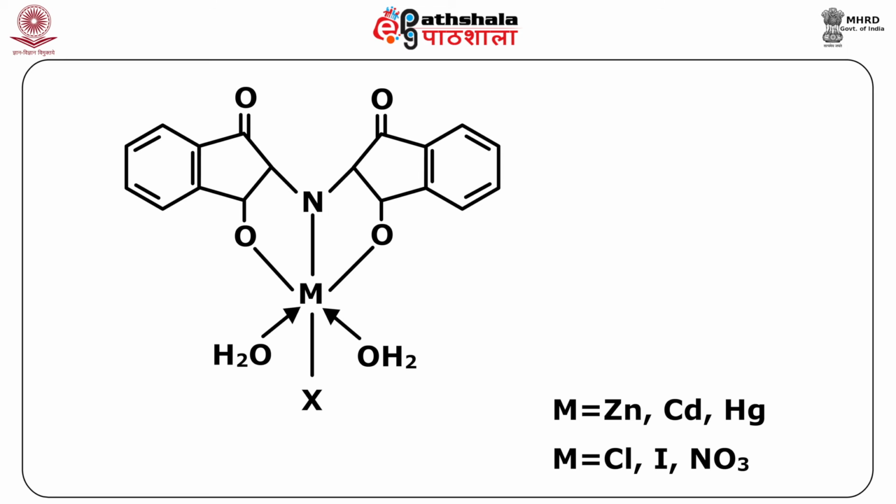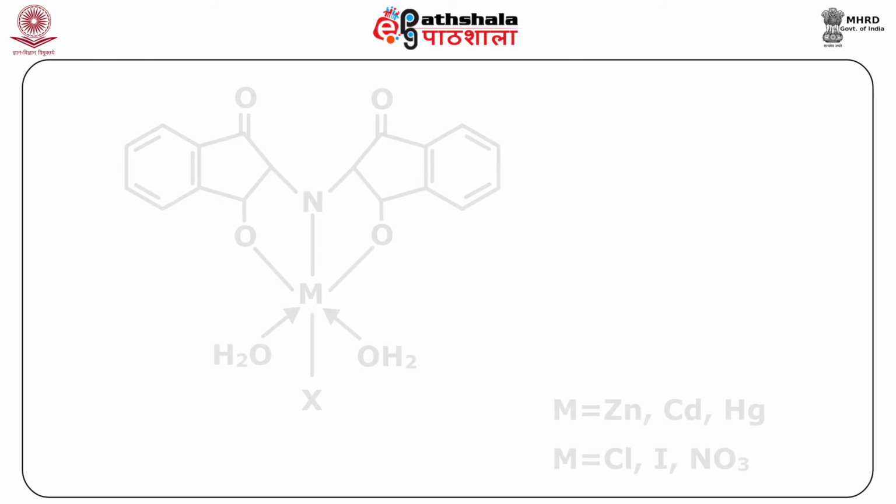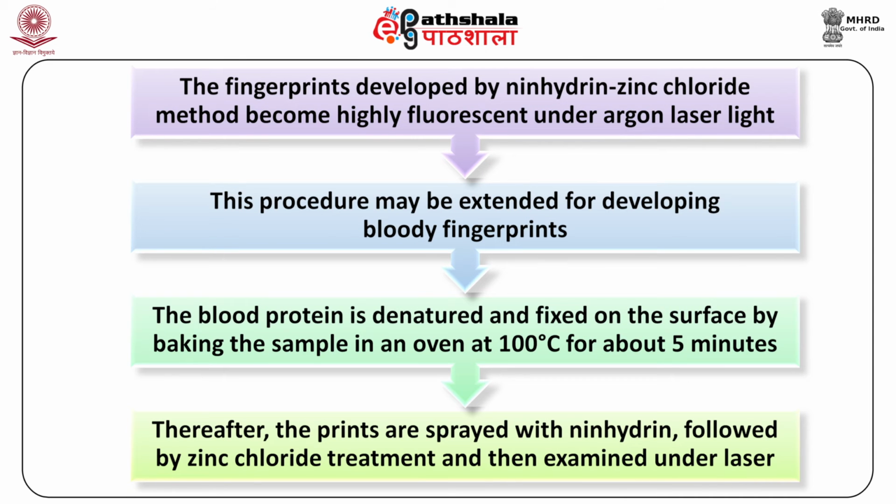This interaction converts the non-fluorescent Ruhemann's purple into a luminescent complex, the structure of which is depicted in the given figure. The fingerprints developed by ninhydrin zinc chloride methods become highly fluorescent under argon laser light.